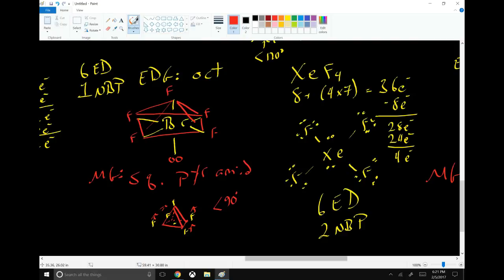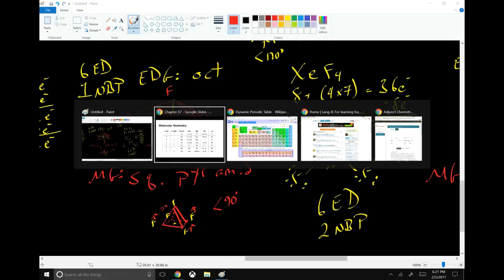So it's very, very close to a still ideal 90 degrees. It's very difficult to see. But we can see it because we have very powerful machines that cost lots and lots of money. All right. And that does it for the molecular geometries.